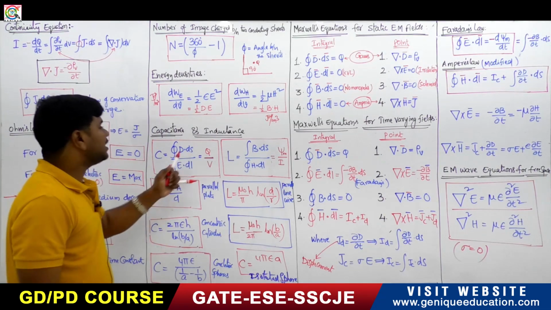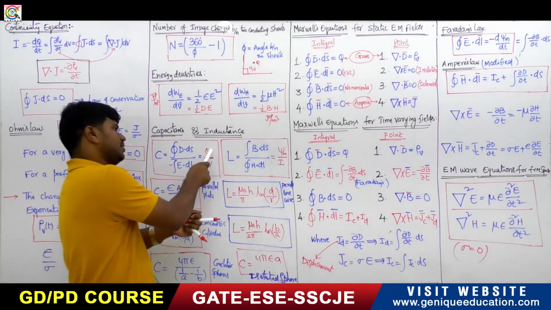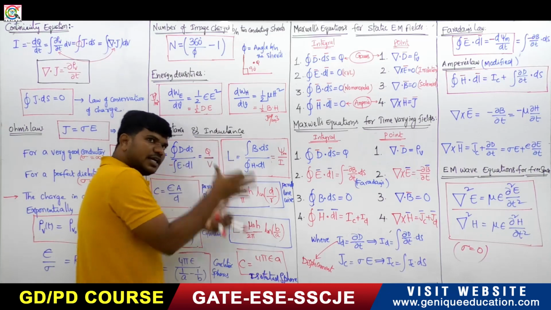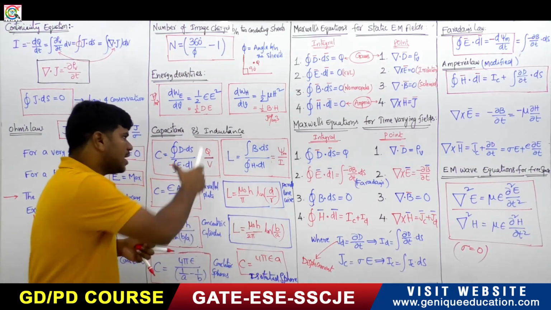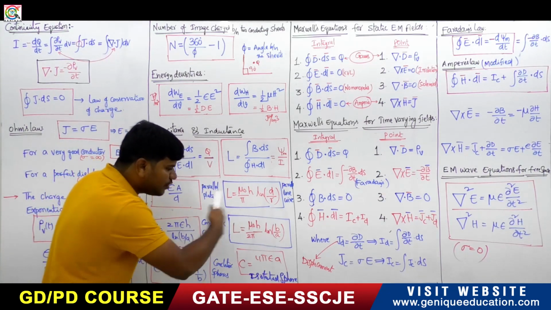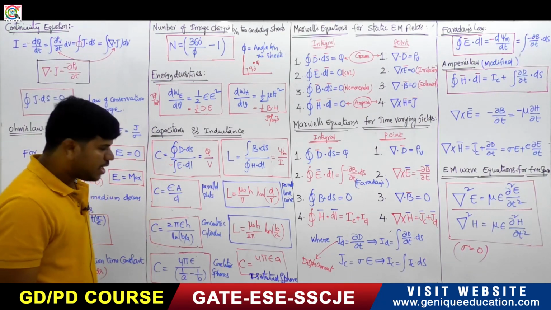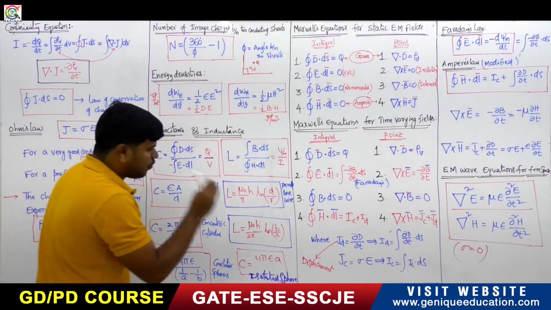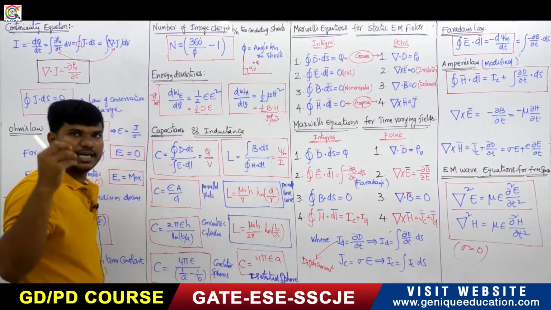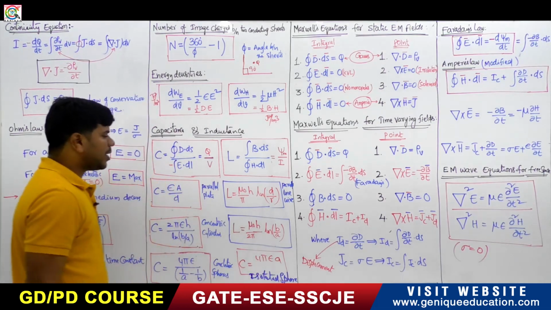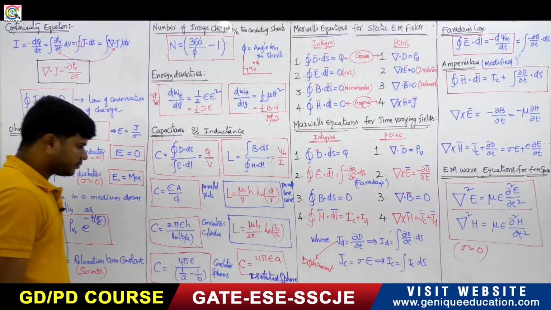So they are not dependent on C. Even though we take C equals Q by V, L equals psi by I, after deducing these we came to know that they depend on the physical dimensions of the inductor and capacitor. So you have to focus on this, and it is a very important interview question also, right? So this is the inductance and capacitances.